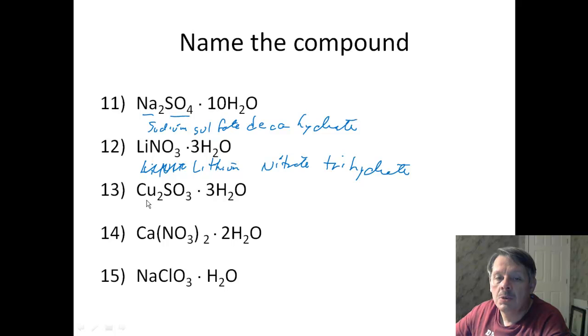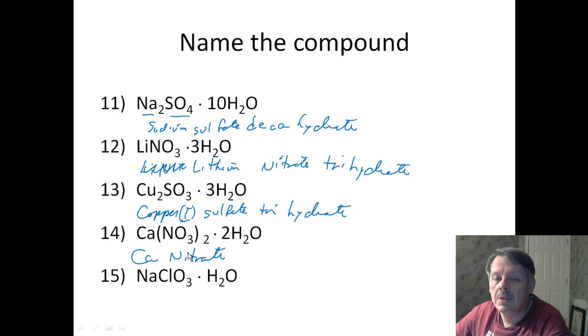This is going to be copper 1 sulfite, trihydrate. This is calcium. And NO3 is nitrate, calcium nitrate. And the 2 means dihydrate.